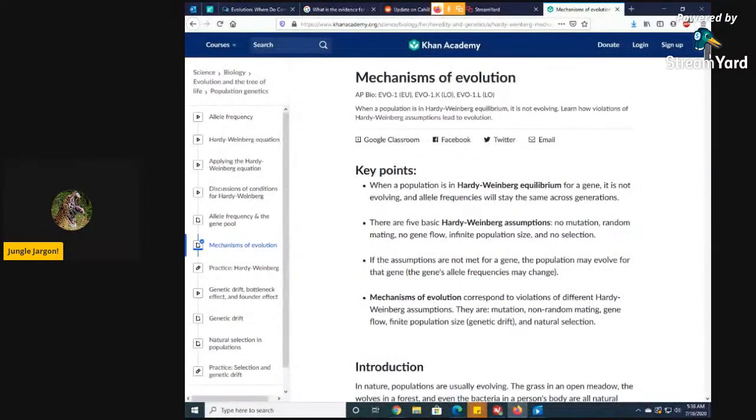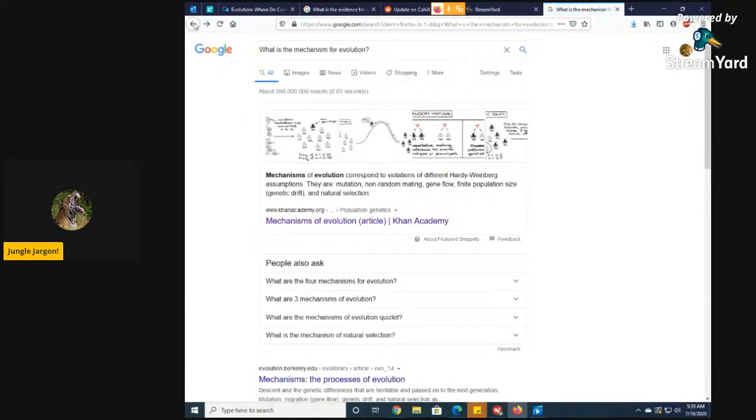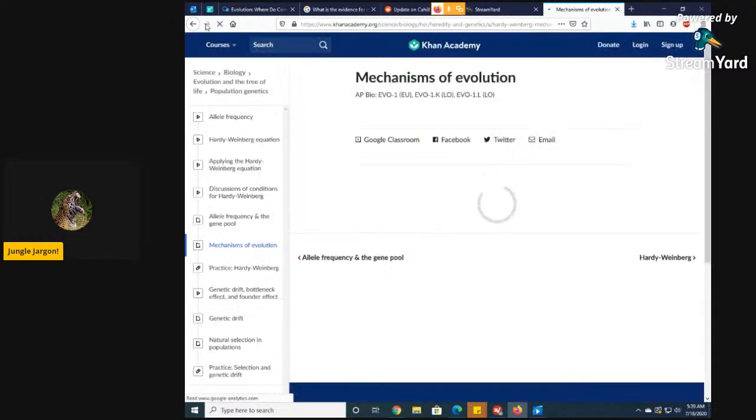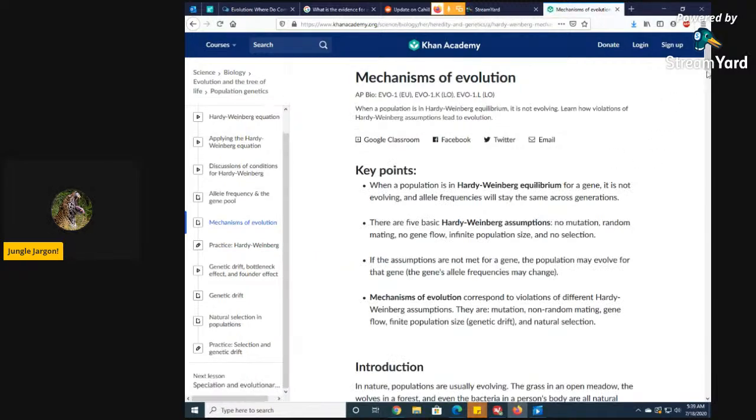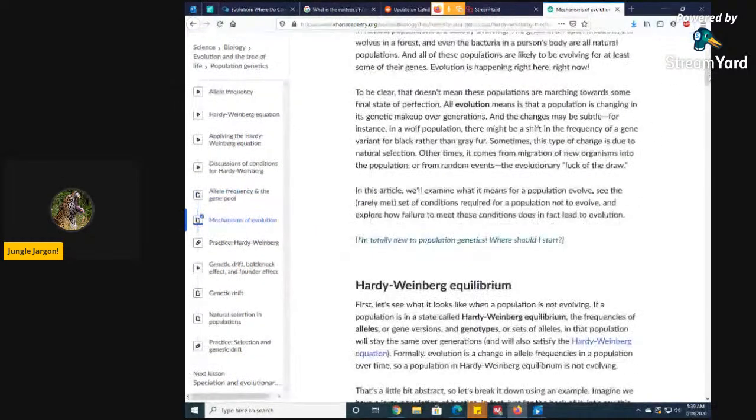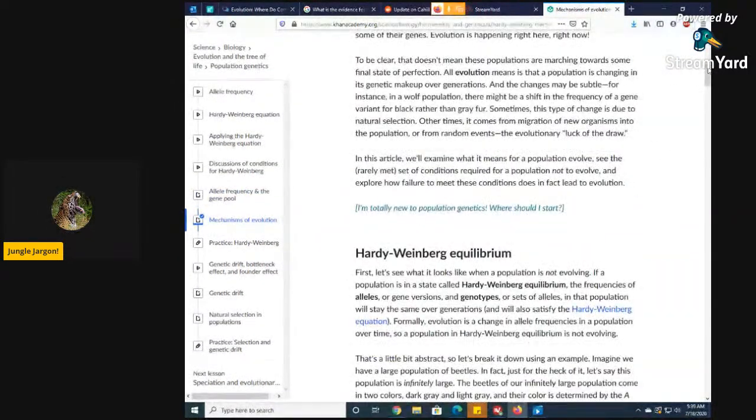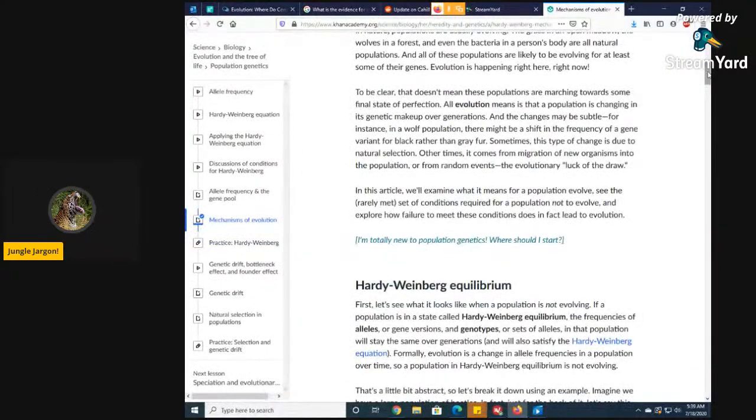Wait a minute. That says finite, didn't it? It says finite population size. It must have a typo here. Okay. Must have heard me talking, right?